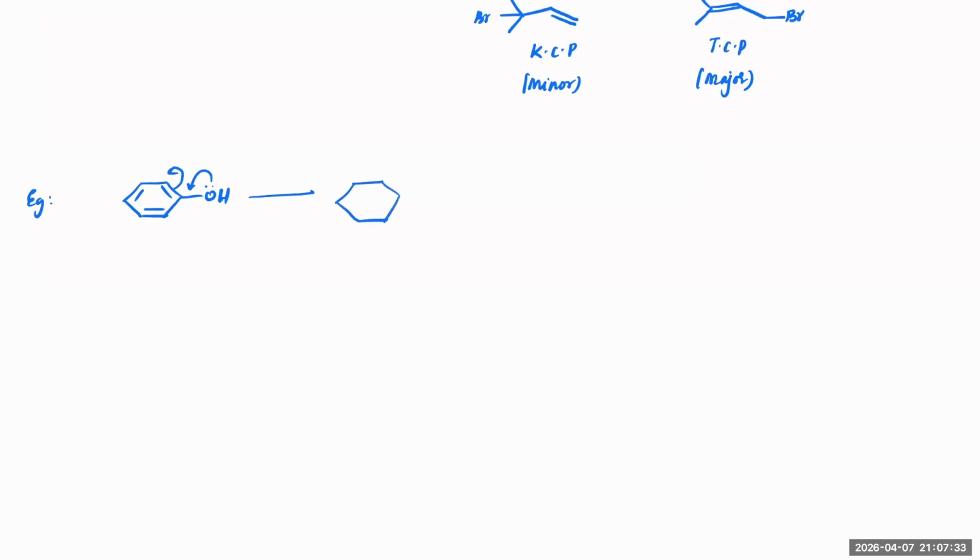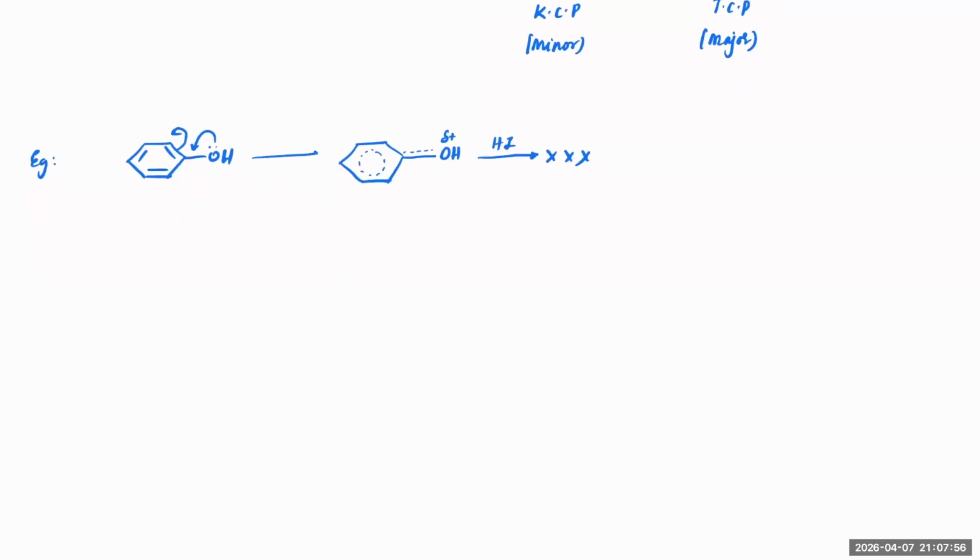So you will have this resonance stabilization, because of which, if you react with HI, you will not find any reaction happening. Remember, if there is any partial double bond character, no reaction.